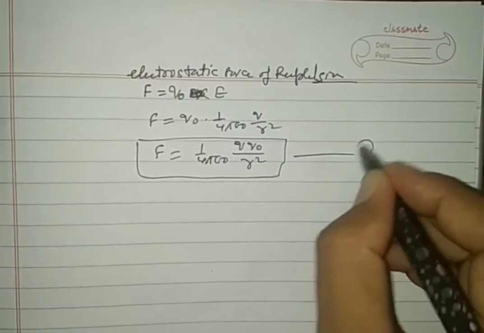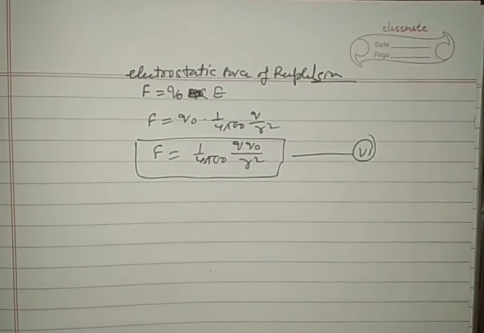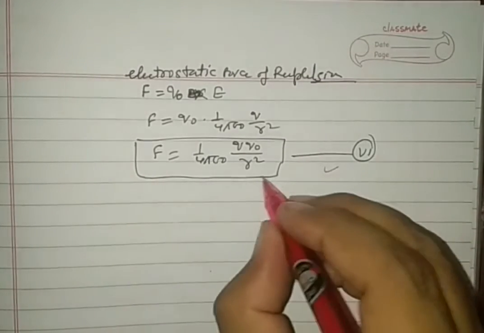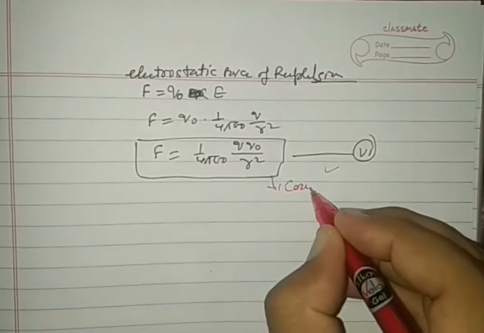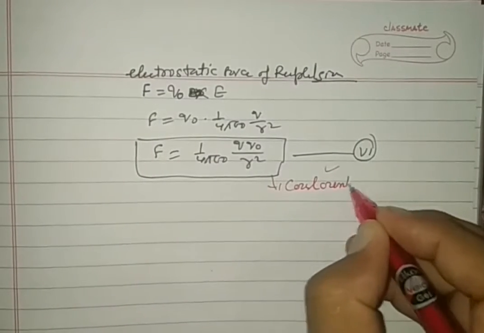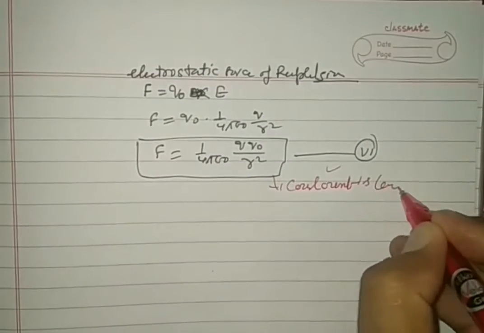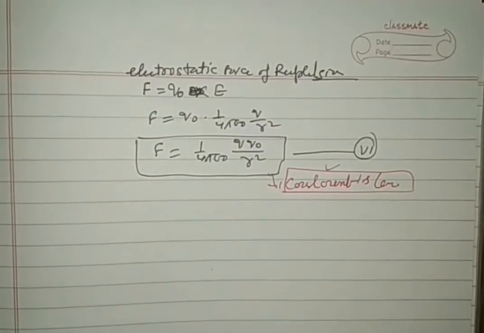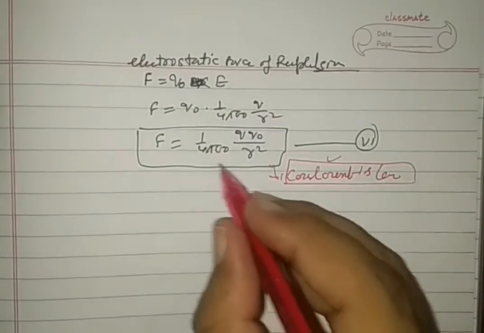See, this is equation number 6. This equation number 6 is Coulomb's law. This is the derivation of Coulomb's law.